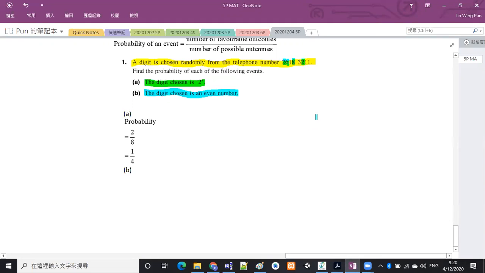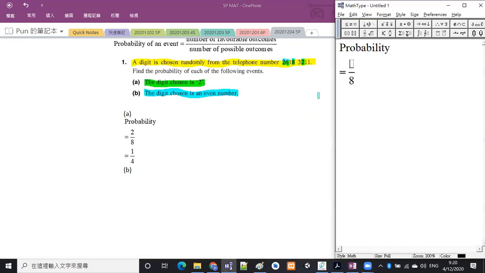Okay, so out of the 8 numbers, 4 of them are even numbers. So the probability of choosing an even number is equal to 4/8. Okay, and then you just simplify this fraction. That is equal to 1/2.